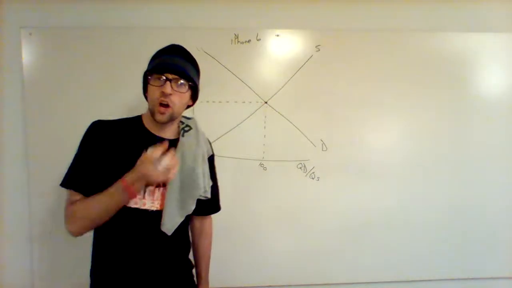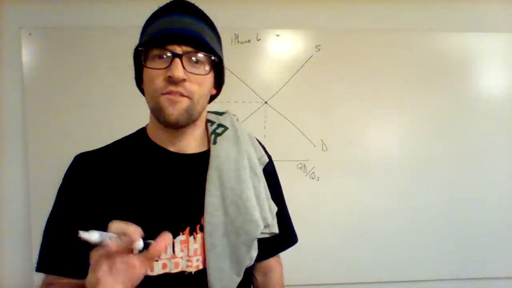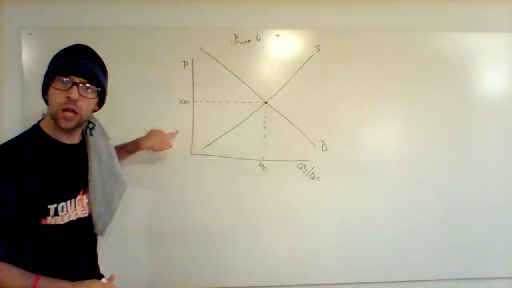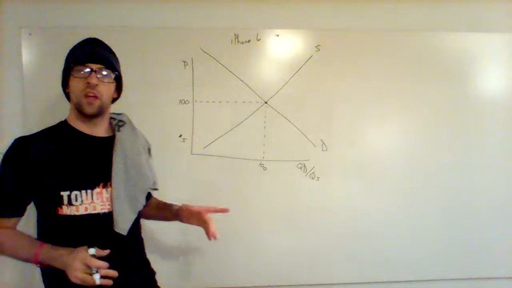So let's first talk about what's going on when the iPhone 6 is at $5. Notice $5 is way down here, right? Remember what you told me, everybody and their brother is going to show up at that Target to buy the iPhone 6. Yes, true.